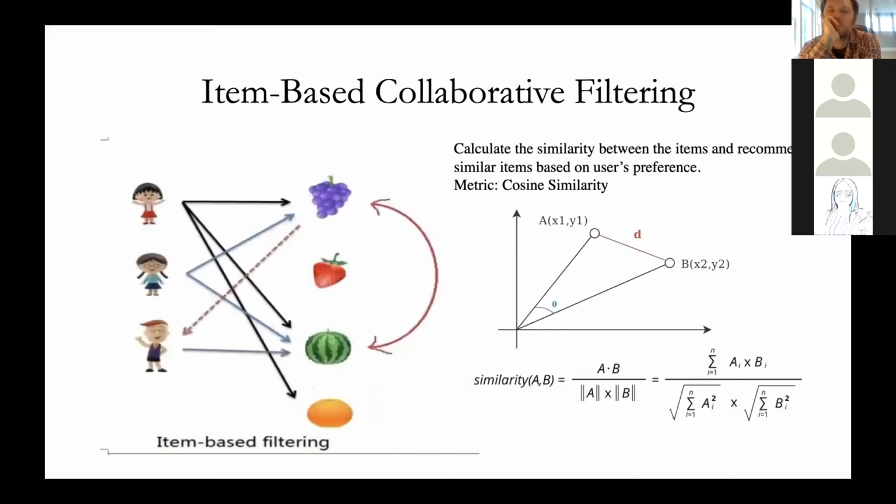So what is item-based collaborative filtering? It's a technique that calculates the similarity between items and recommends to users similar items based on the user's preference. From the left graph, we can see the 2 girls both bought 2 products, grape and watermelon, and this guy also bought the watermelon.